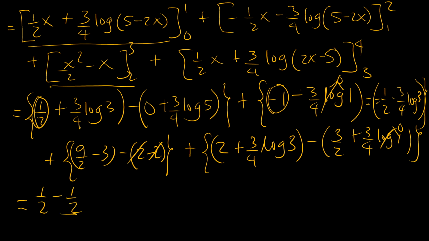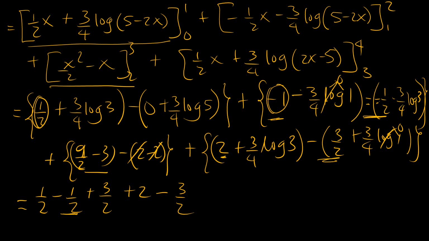Then we have 9 over 2 minus 3, that is 9 over 2 minus 6 over 2, which is 3 over 2, so we have 3 over 2 coming from here, and then we have positive 2 coming from here, and then we have 3 over 2 negative coming from here.